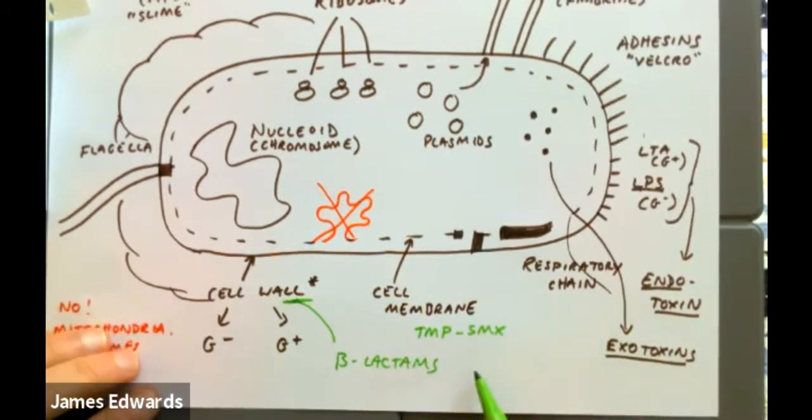What they do is they stop the conversion of folate, which you get from your diet, but also bacteria get from their diet, to something called THF, which stands for tetrahydrofolate, because this then goes on to form certain amino acids and certain nucleotides.